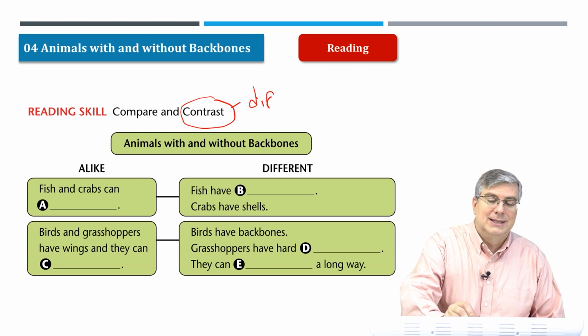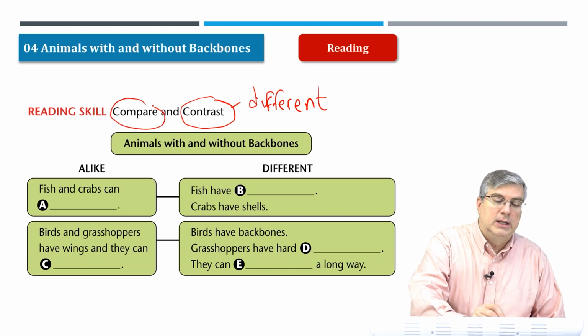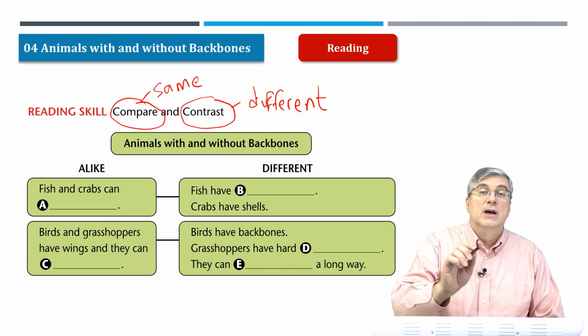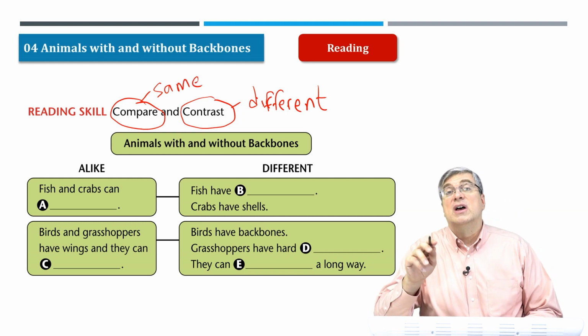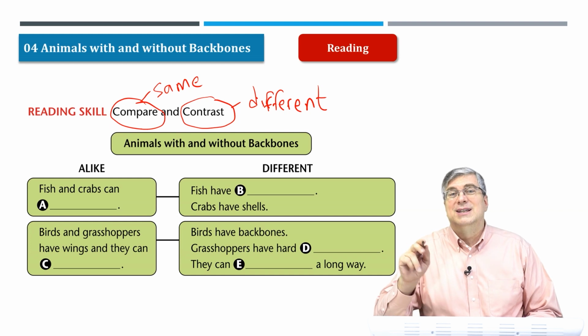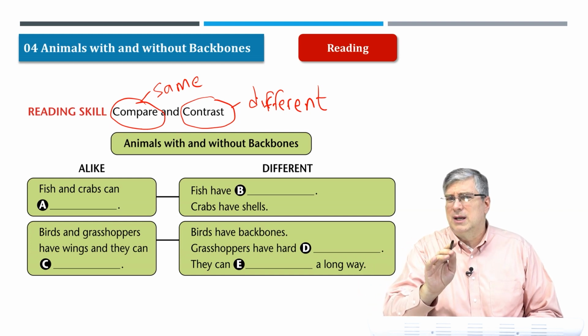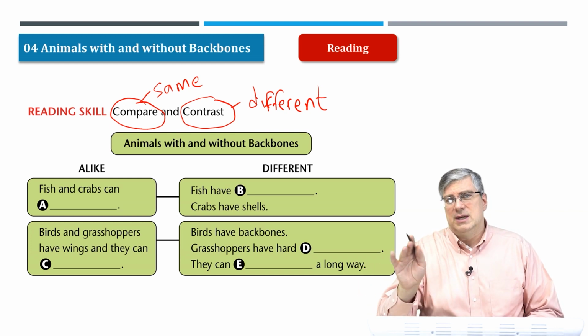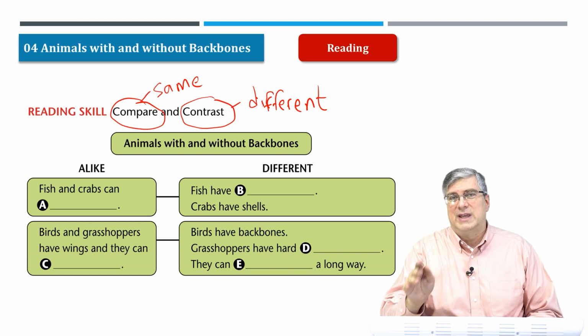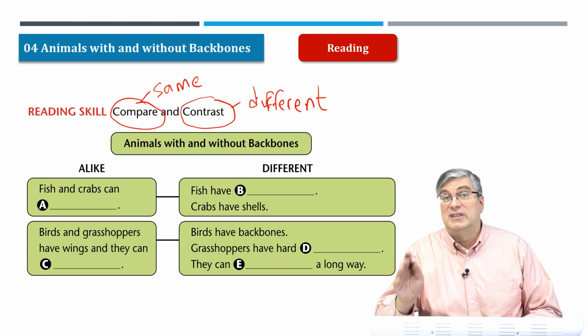How are things different? And compare is how are things the same? How are things the same? How are things different? Did you notice something there? Don't use the with different, but we do use the with same. How are things the same?